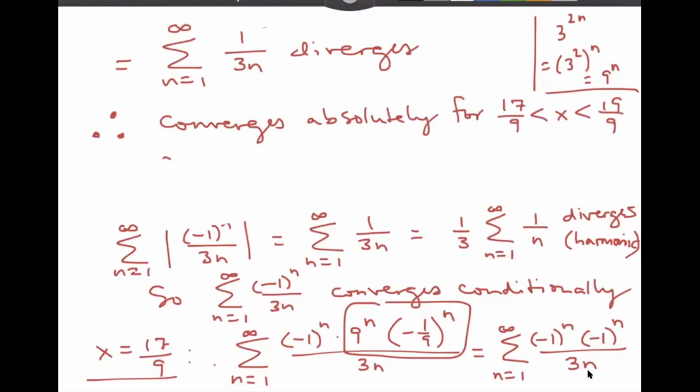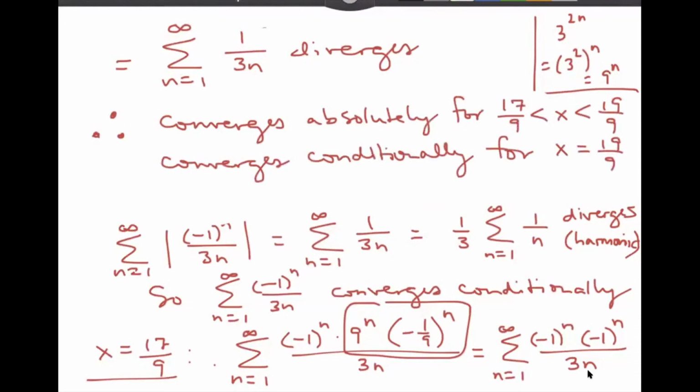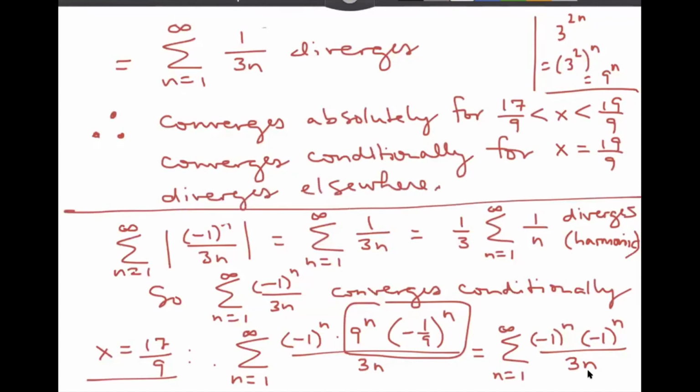It converges conditionally for x equals 19/9. And everywhere else, it diverges. All right, and that is the idea behind testing a power series for convergence.